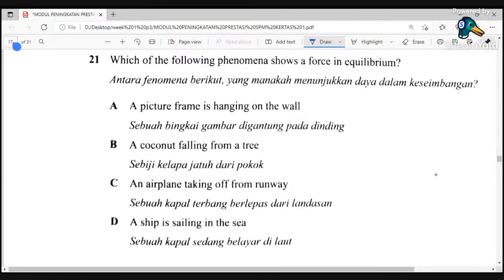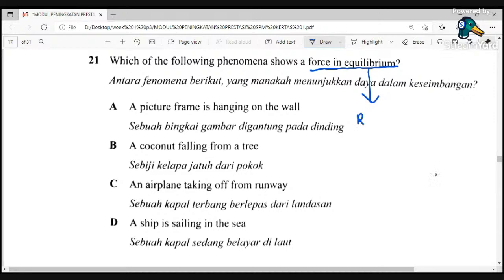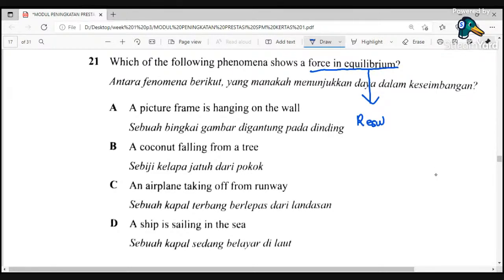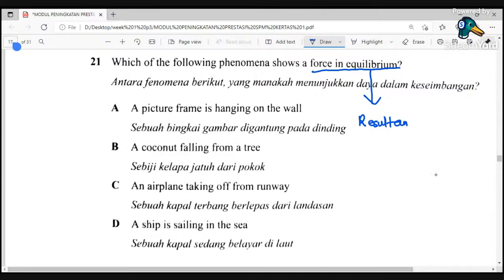So apa maksud force in equilibrium? Keseimbangan daya. The resultant force is 0, or the vector sum of the forces is equal to 0. Hasil tambah vektor ialah kosong ataupun daya paduannya ialah kosong. Itu maksudnya forces in equilibrium, keseimbangan daya.